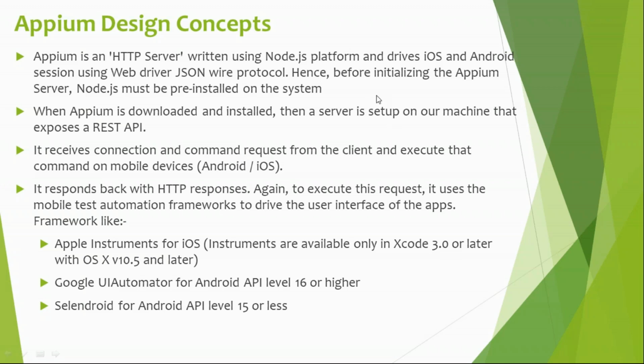Hence before initializing APM server, Node.js must be pre-installed on the machine. So we will download Node.js and we will try to install that on the machine. Okay. So when APM is downloaded and installed, then a server is set up on our machine that exposes the REST API. So it's the same architecture as Selenium.